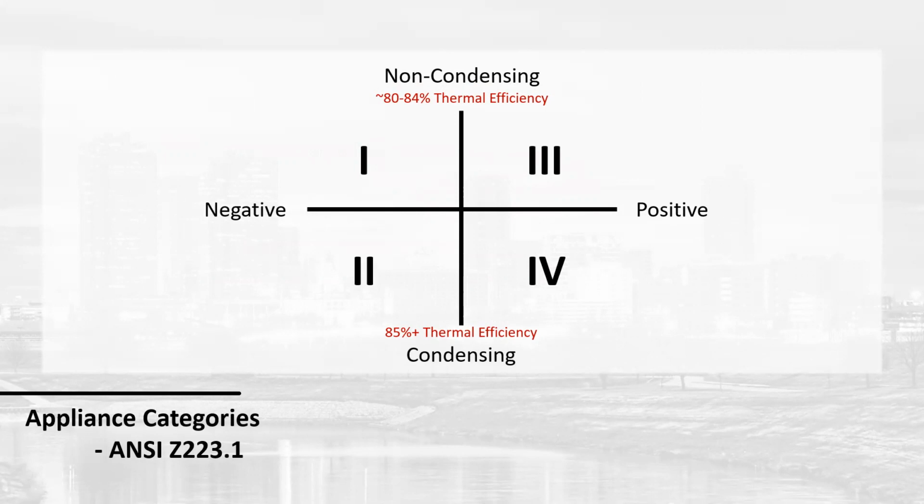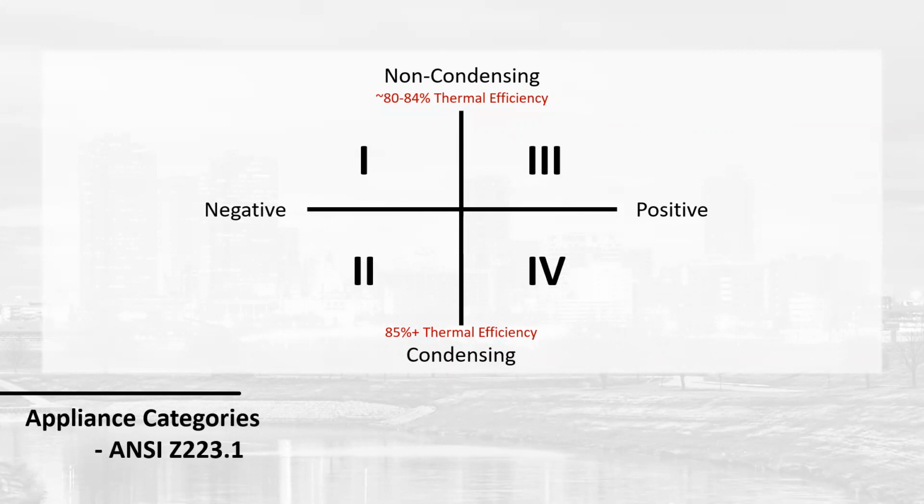Negative pressure meaning something is pulling those flue products out, typically Mother Nature, or if the flue products are positive, something is pushing those flue products out, and that's typically some kind of an internal fan. Okay. The second factor is whether the outlet of the vent system is going to be condensing or non-condensing. Notice I said the vent system, not the boiler. There are plenty of boilers that are non-condensing style product.